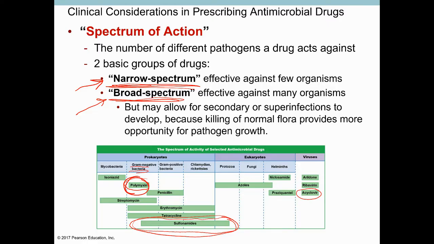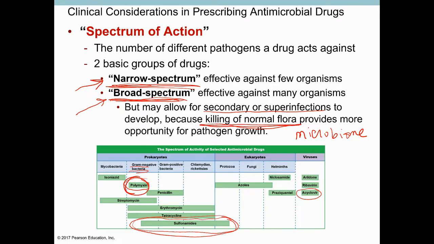You might think that broad spectrum drugs are always the better choice, but in fact, when a broad spectrum drug is used, it not only kills the organism that's causing the disease, but it might also kill what we call the normal flora or the normal microbiome. That sometimes opens up opportunities for secondary or super infections to develop.